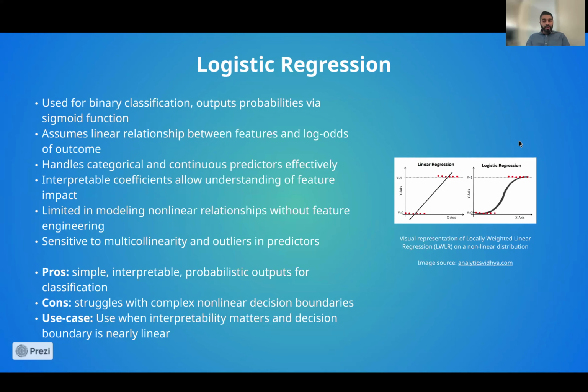But again, there's also the virtues of linear regression that carry over, because the foundation is pretty similar with logistic regression compared to what we saw for linear regression, because at the end of the day, this is also a regression model with a sigmoid on top. So you do get that interpretability that we discussed in the last slide, and that is very beneficial, especially if you look at more recent models.